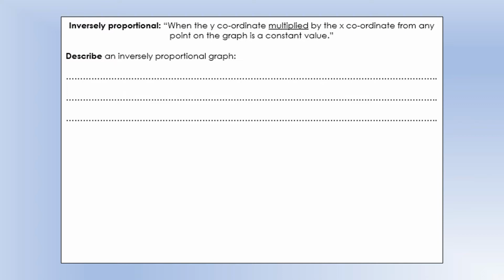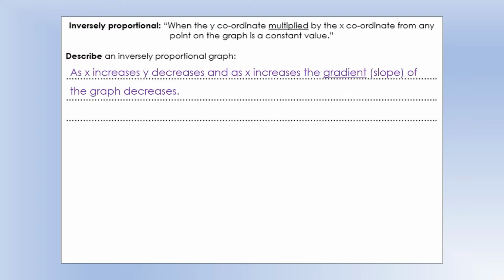In terms of what that looks like, as x increases, y decreases, and you'd also see that as x increases, the slope or gradient of the graph decreases. But this description describes a lot of different relationships: exponential decay, inverse square, lots of things. So this description is not enough to tell you it's inversely proportional. We have to check the multiplication of the coordinates is a constant.